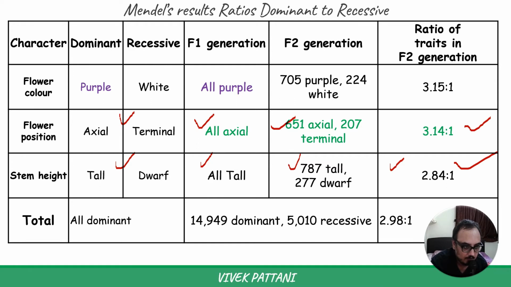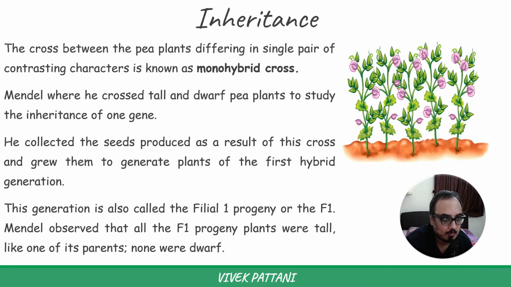And finally, from the above results, in the F1 generation all were dominant, and in the F2 generation, 14,949 were dominant and 5,010 were recessive, giving a ratio of about 3:1 in the second generation.